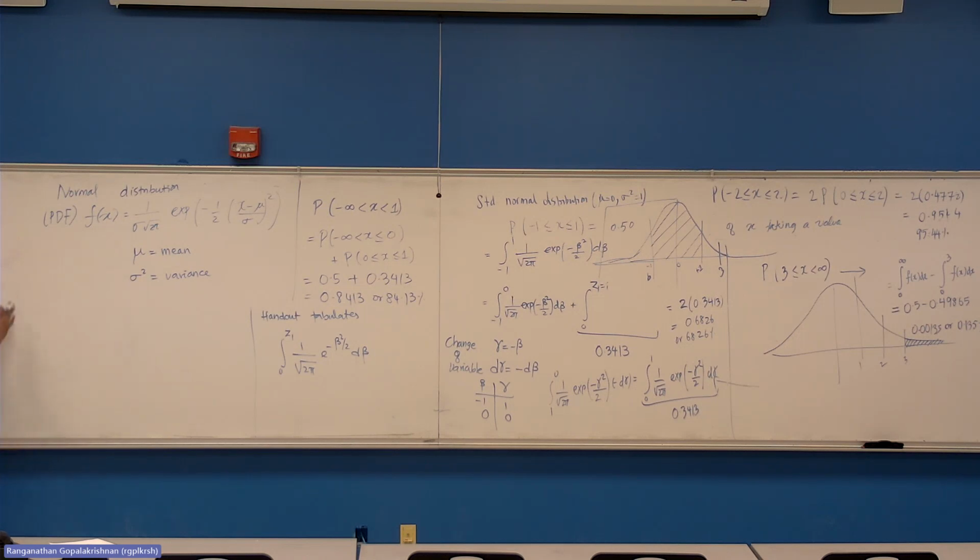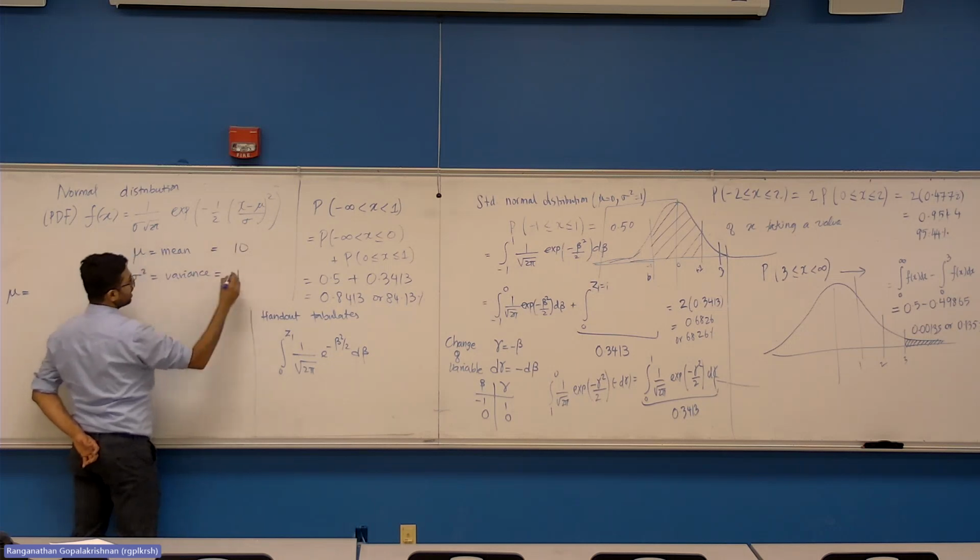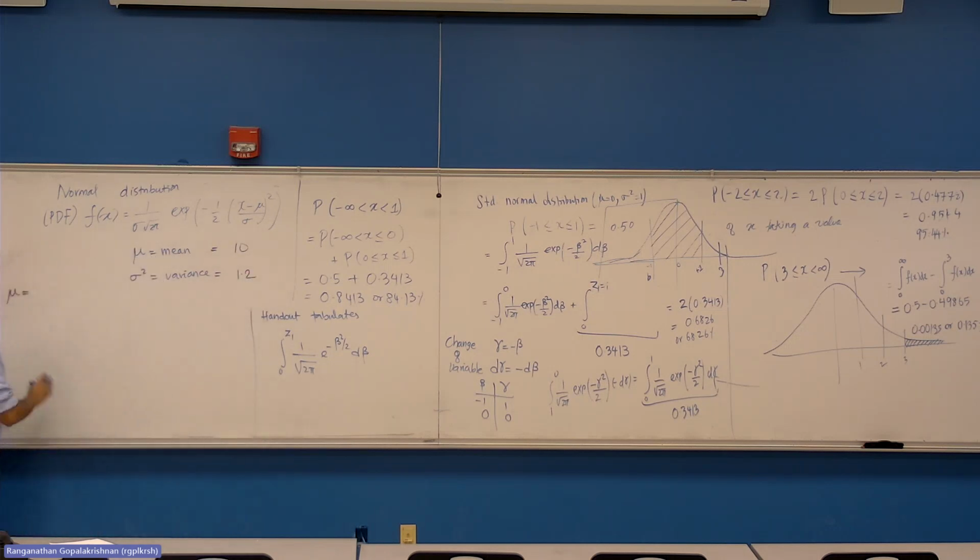Like for example, let's say we have the mean value equal to 10 and standard deviation or variance equal to 1.2. So if I draw the curve, here is 10, I would draw a bell curve which is centered around 10, not centered around 0.